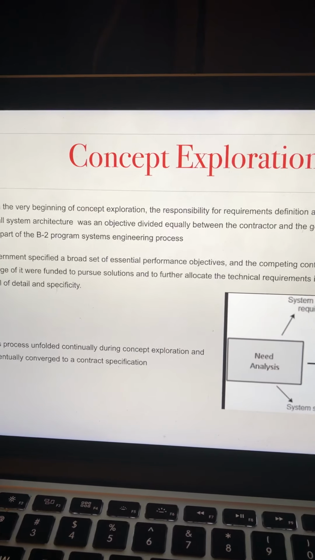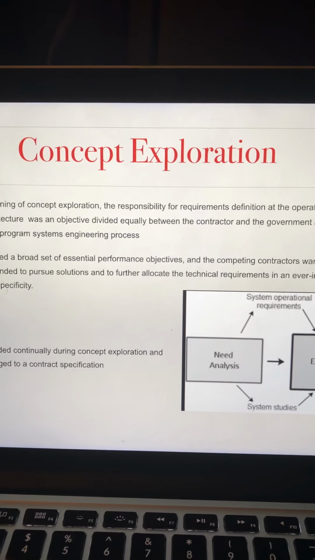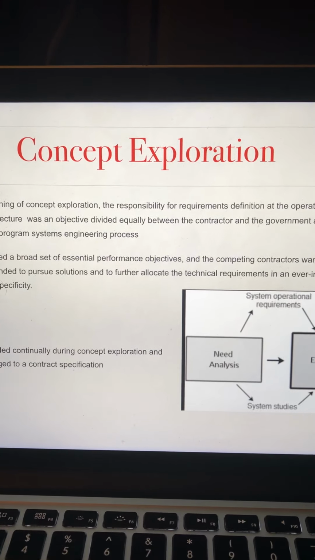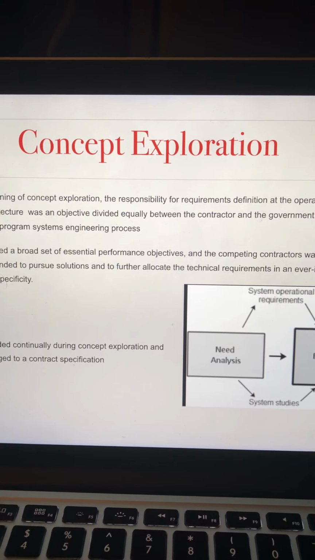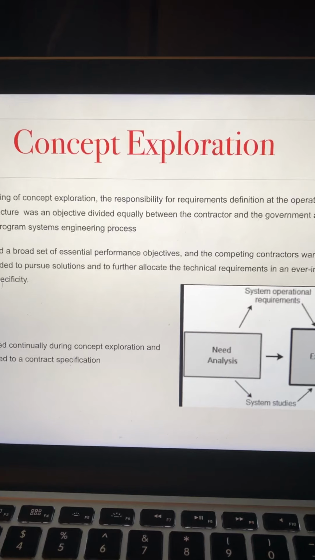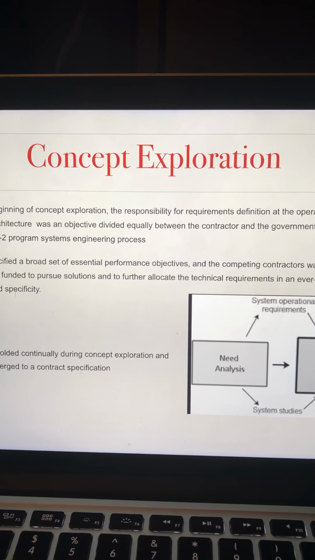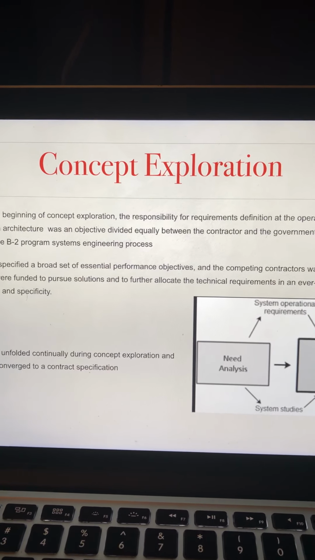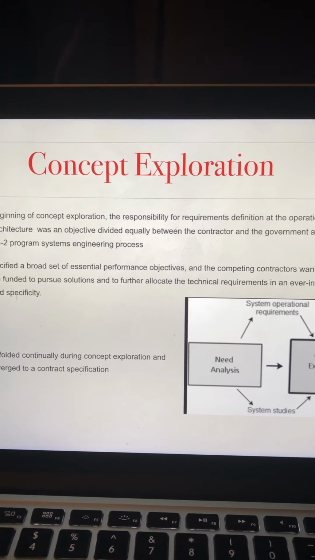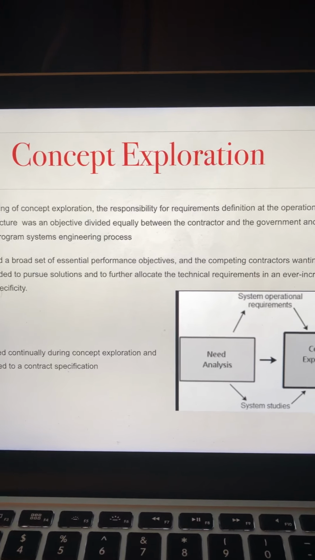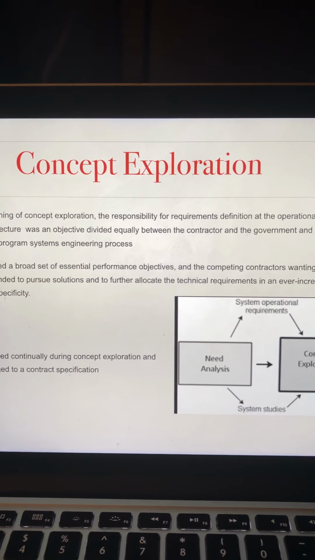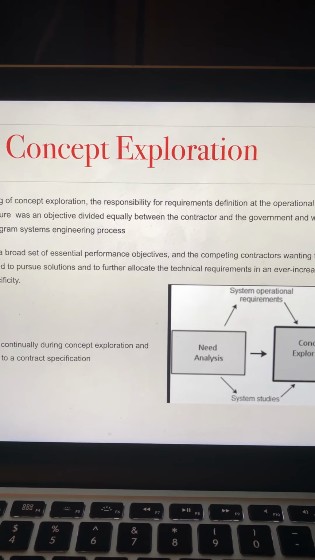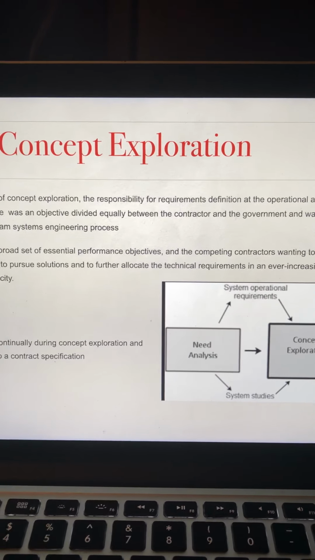From the very beginning, the responsibility for requirement definitions at the operational stage and of the overall structure was divided about equally between government and contractor, and it was probably one of the most important parts of the B-2 systems engineering process. The government specified a broad set of essential performance objectives, and the competing contractors, Northrop Grumman, Lockheed, and later Vought, wanted to take charge of it, and were funded to pursue solutions to allocate the technical requirements in a growing level of detail and complexity.